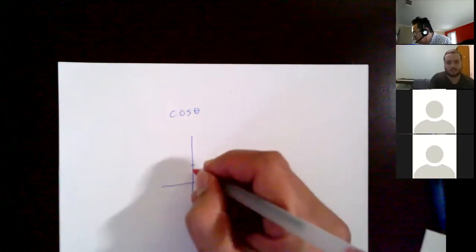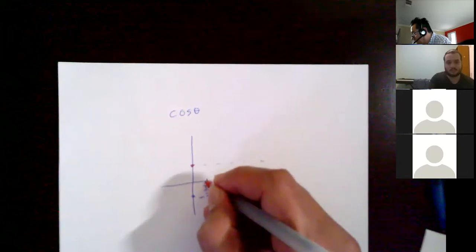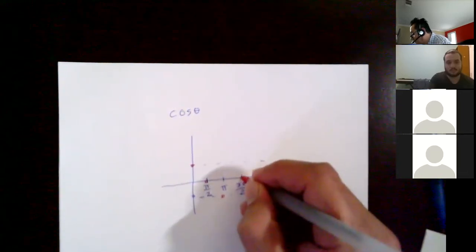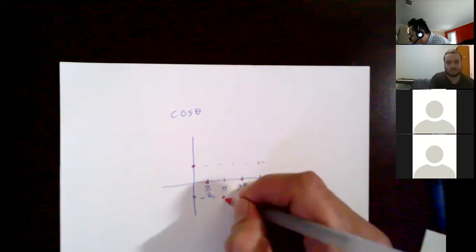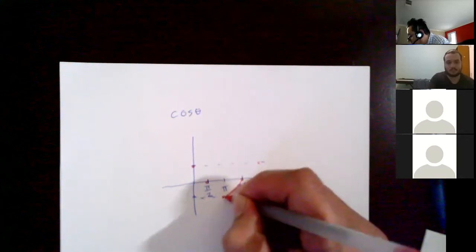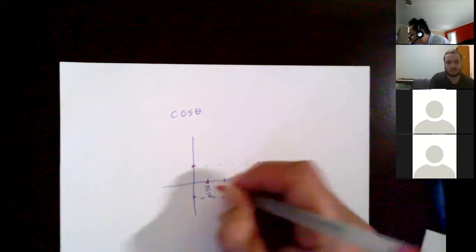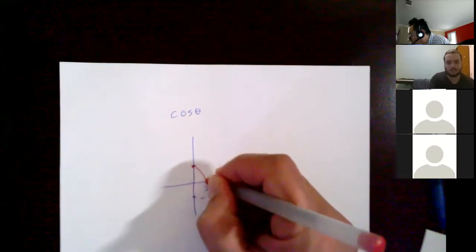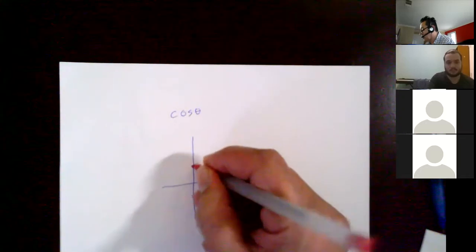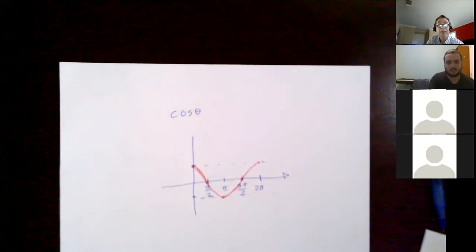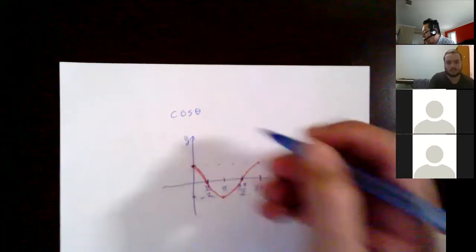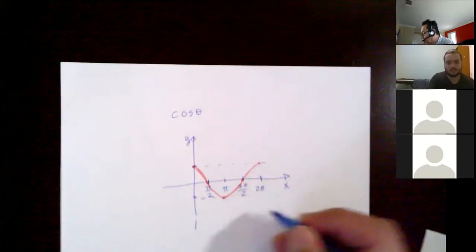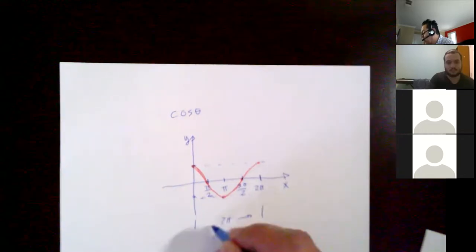The cosine looks this way. This is y and this is x. So from here to here is 2 pi. That would be the period of the cosine.